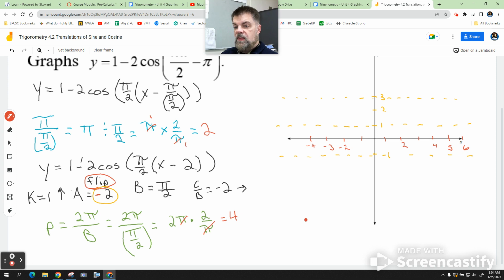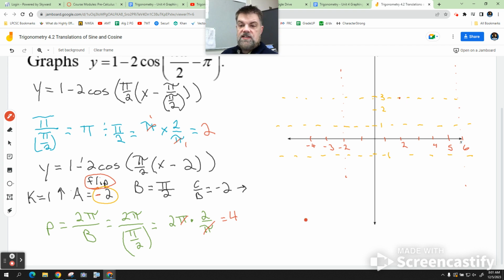So from here, if I were to do 2 whole periods, it should fit between negative 2 and positive 6. Alright, so I would start here normally, right?